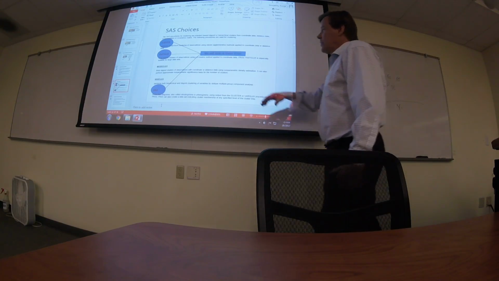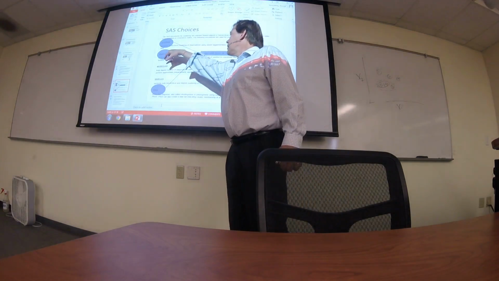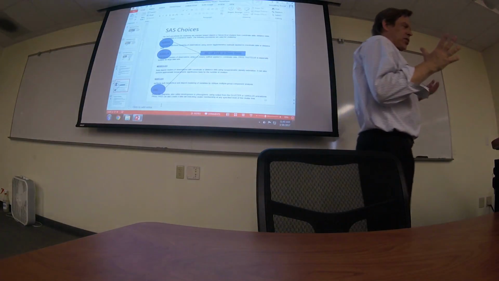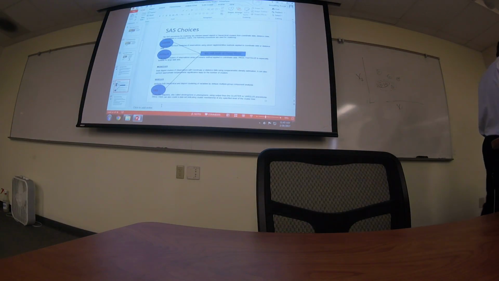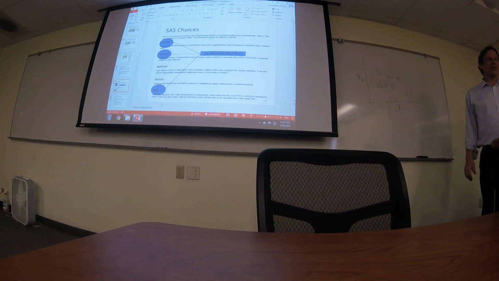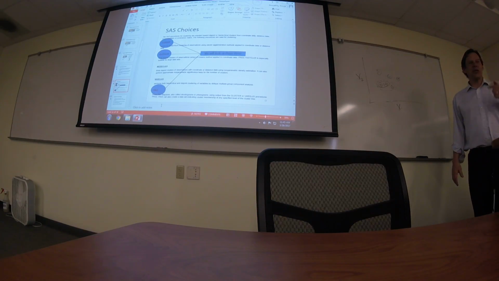SAS has a procedure called FASTCLUS, which is a fast clustering procedure, that is the worst procedure that SAS ever wrote. It is terrible. And if you only learned not to use FASTCLUS in SAS, and that's all you ever remember, then that's good.